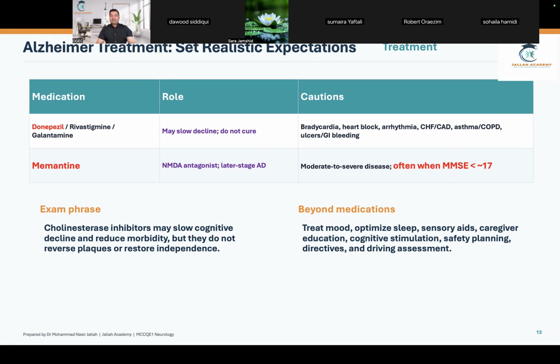Now, they might give you another scenario: the patient has Alzheimer's, you start donepezil, and the patient's wife is asking you about the medication's impact on the patient's memory. Which one of the following is the best choice? One of them is that it is completely curing the patient, it has no effect, it slows the decline of memory loss, none of the above. So basically, it slows down, right?